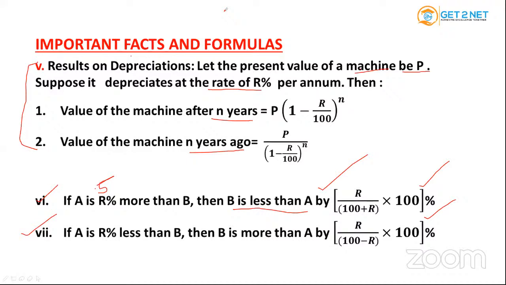Every year, the price of the machine goes down. Why? Because of the wear and tear of the machinery. हम मशीन को दौड़ाते हैं ना, तो हर साल क्या वही प्राइस रहेगा? 20,000 का ही प्राइस रहेगा? वो घटेगा, क्योंकि हम भी मशीन यूज किए हैं, मशीन को भगाए हैं, दौड़ाए हैं, राइट? So the price value would get deteriorated. So the fifth is on depreciation and the fourth is on population.